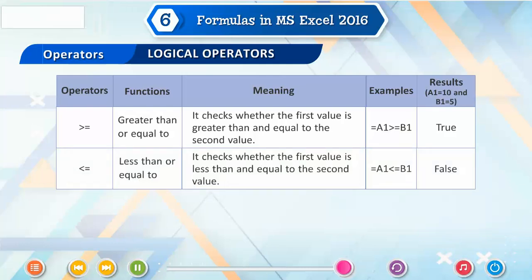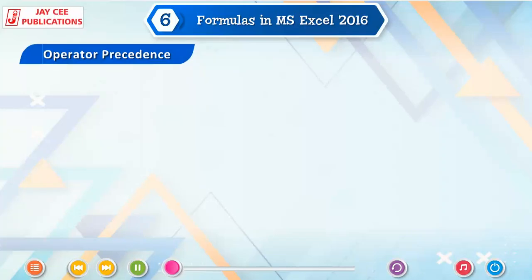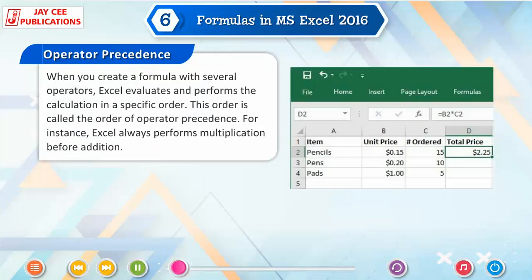Less than or equal to checks whether the first value is less than or equal to the second value: A1<=B1, false. Operator precedence. When you create a formula with several operators, Excel evaluates and performs the calculation in a specific order. This order is called the order of operator precedence.